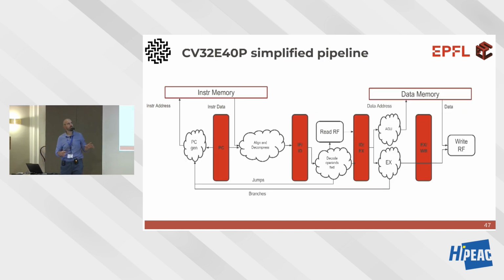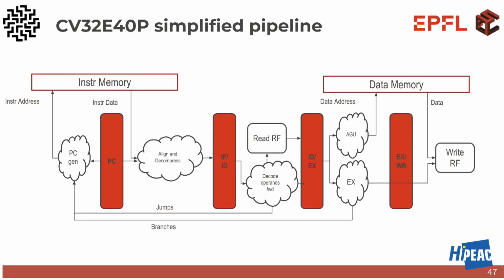This one is the pipeline. Same story as before, I go faster. Similar IF stage: you are fetching an instruction, prefetching, uncompressing the 16-bit ones. Then you read the register file and decode an instruction with the same big case statement. Of course, now it's much bigger because it has many more instructions to decode.